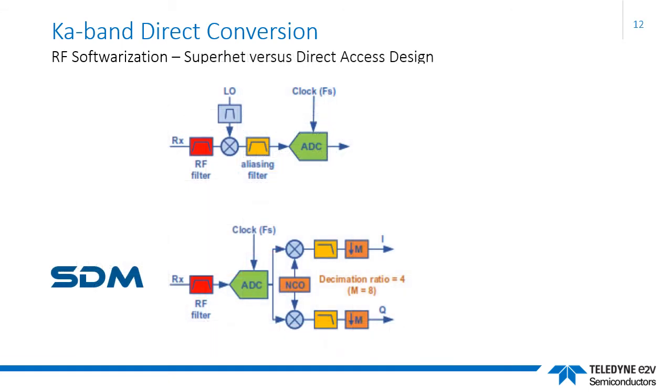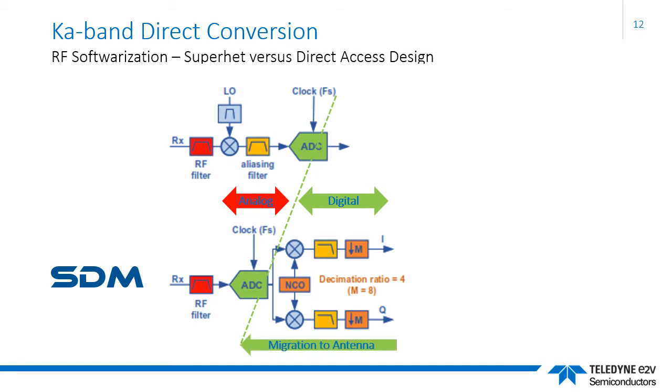Concluding this RF softwarization introduction, I want to emphasize once again that the boundary between the analog and digital domains is being pushed increasingly into the realms of RF, as shown by the lower block diagram, with the ADC clearly migrating towards the antenna. Two factors support this move. Firstly, the availability of significantly faster signal processors, and secondly, the availability of some pioneering ultra-wideband data converters.